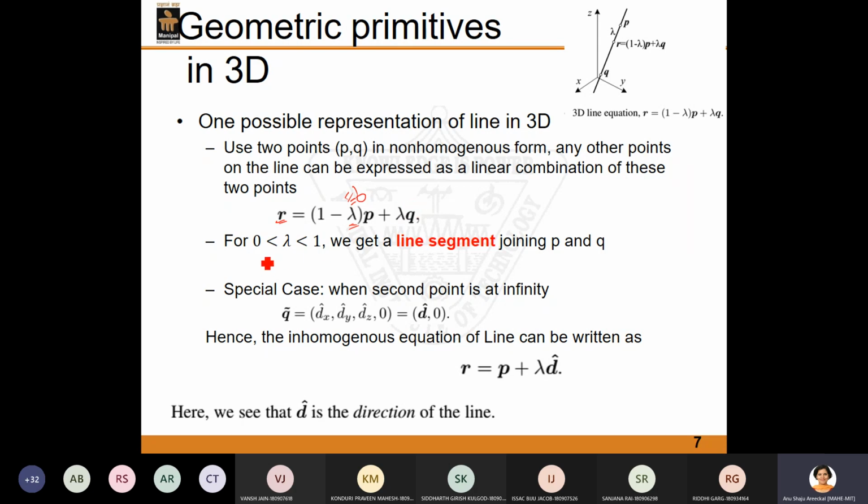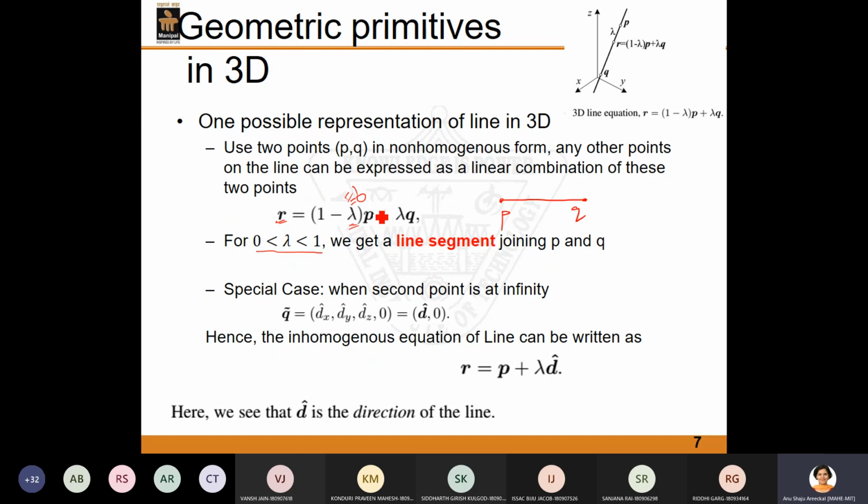When I vary lambda between 0 and 1, what I get is a line segment which lies between p and q. That is what this expression also represents.